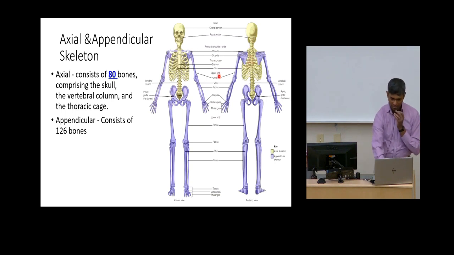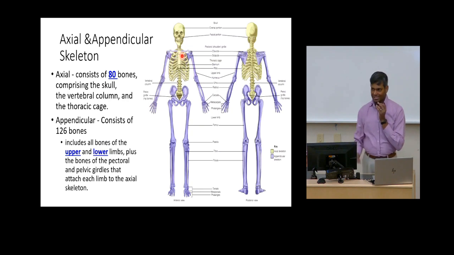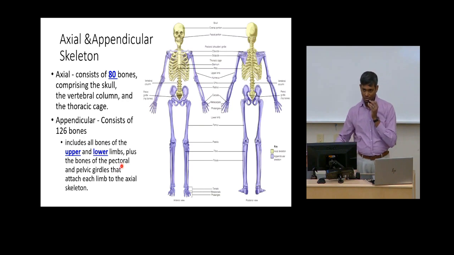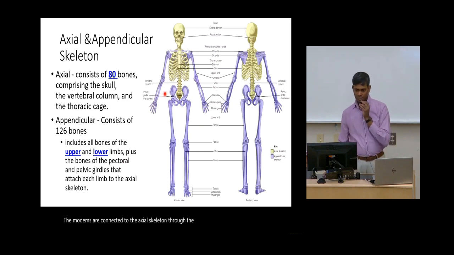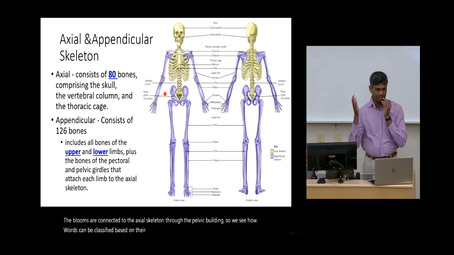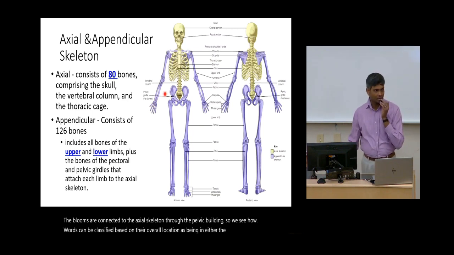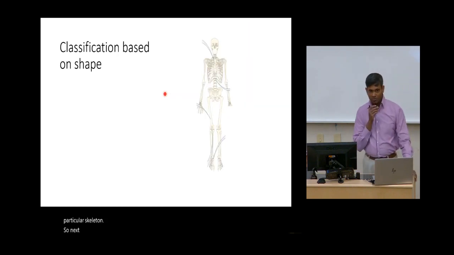The upper limbs are connected to the axial skeleton by the pectoral girdle, whereas the lower limbs are connected to the axial skeleton through the pelvic girdle. So we see how bones can be classified based on their overall location as being in either the axial or the appendicular skeleton. Next we'll talk about the shape of the bones.